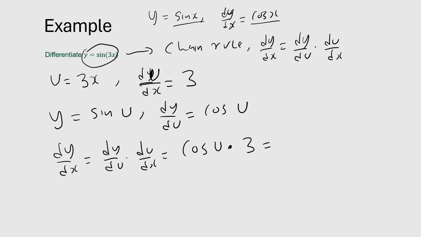It's recommended that you put this 3 at the front, to the left of the cos. So this is 3 cos u, and what is our u? Our u is 3x, so 3 cos 3x. So the formula is just change sine to cos and multiply it by the derivative of your inner function.